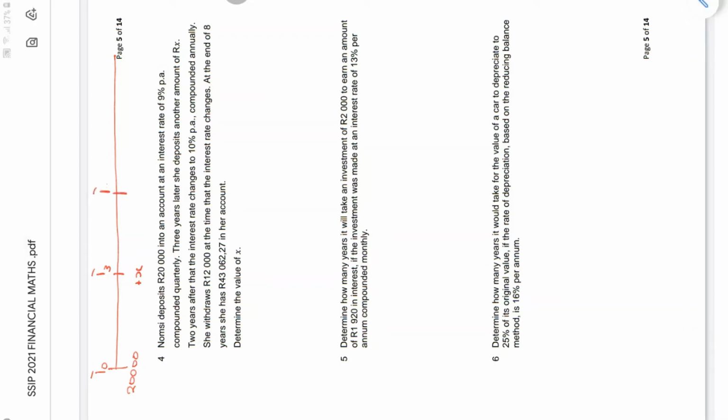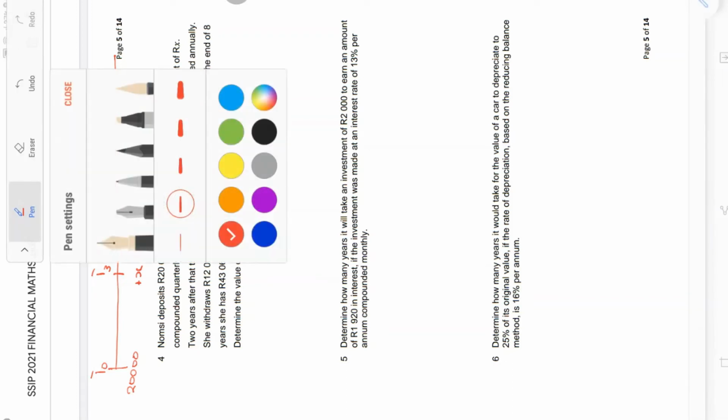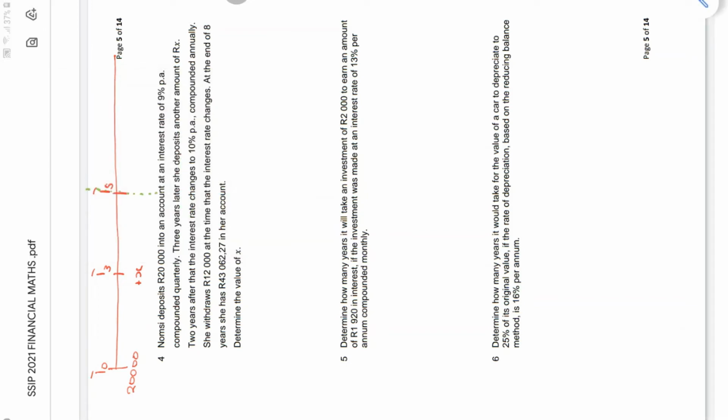So from T3, 2 years after, we find ourselves at T5. That is at T5. And at T5, that's when the interest rate is changing.